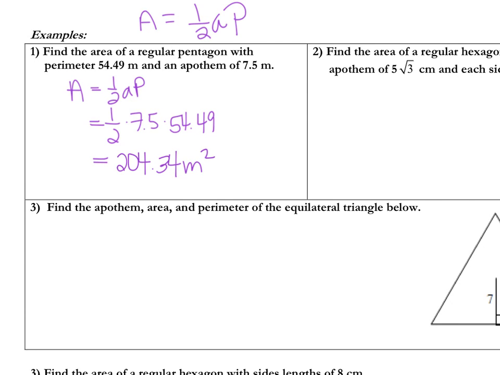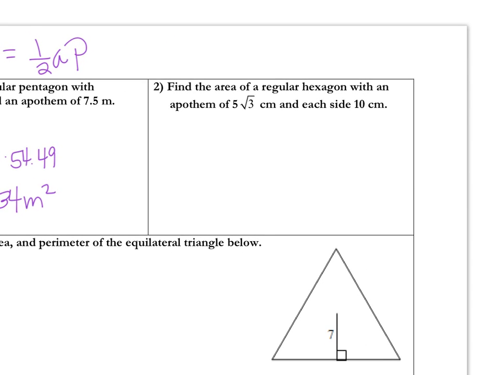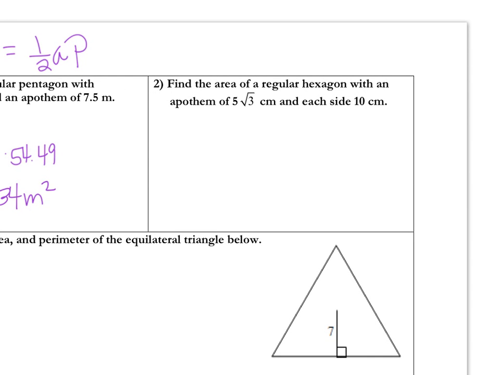All right, let's go to the next example. It says find the area of a regular hexagon with an apothem of 5√3 and each side is 10 centimeters. So notice that they gave you the side and they didn't give you actually the perimeter like they did in the first example. So you need to see how many sides there are. So a hexagon, 6 sides. So we have to multiply this for the perimeter. So area equals 1/2 the apothem times the perimeter.